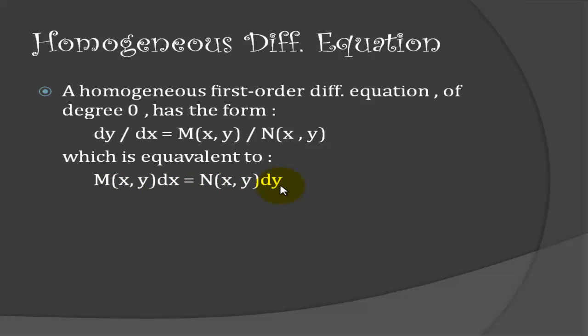Now if you notice, this is similar to the equation of the exact differential equation. Yes, that's right. They are the same, but the difference between exact and homogeneous differential equations is that if you take the partial derivatives of M and N and you get not exact, or inexact, partial derivatives, then your equation will fall into a homogeneous differential equation.